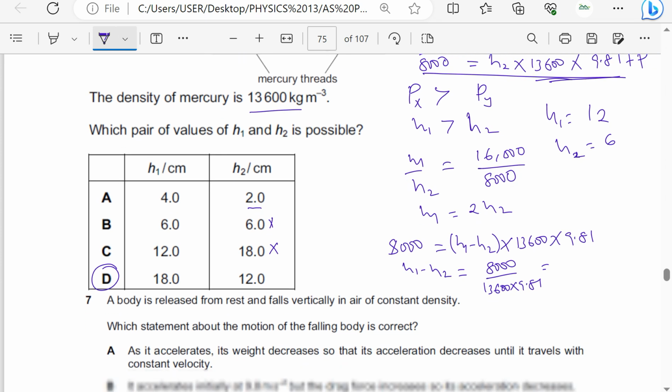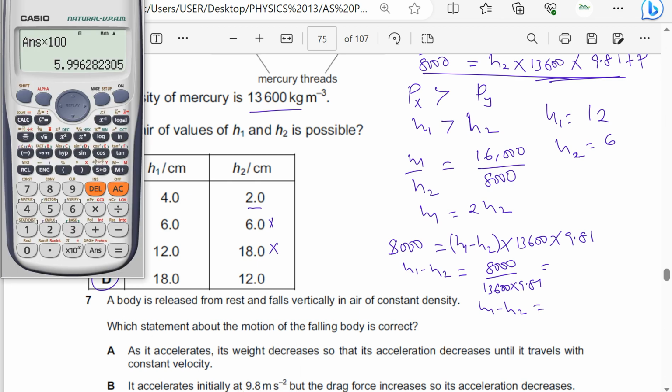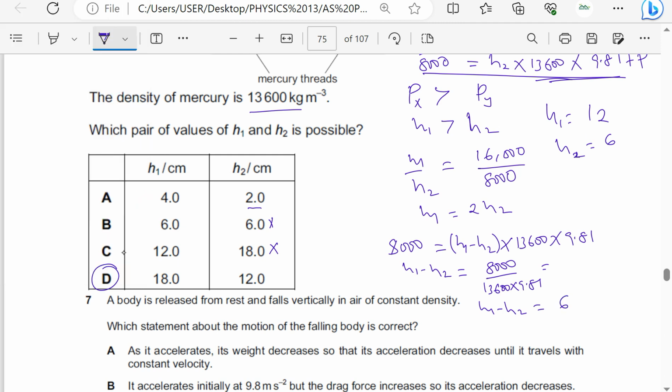That is approximately, times 100 to change to centimeters, approximately 6. So the difference should be 6.